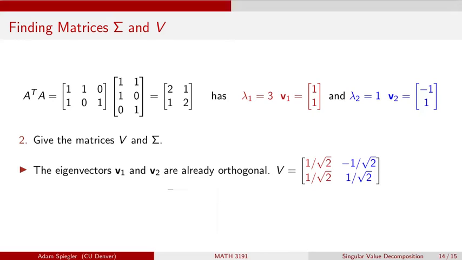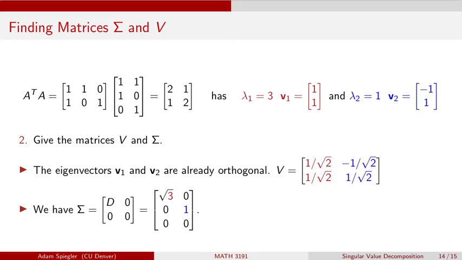Next, we can identify the matrix sigma. Since the matrix A that we started with over here was a 3 by 2 matrix, the matrix sigma that we construct should also be a 3 by 2 matrix. The diagonal piece we get by finding the singular values.